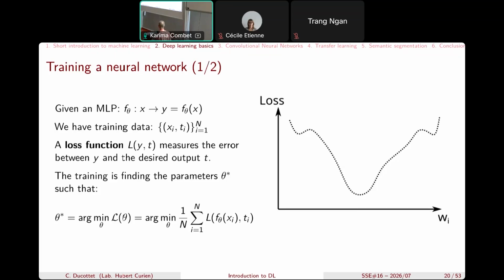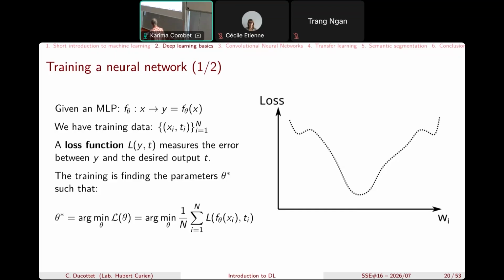So the goal will be to find the parameters. This is the same process as we had before with our polynomial regression: we want to minimize the loss.